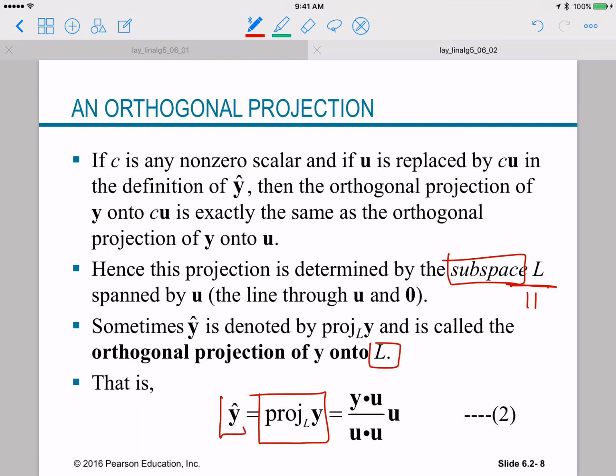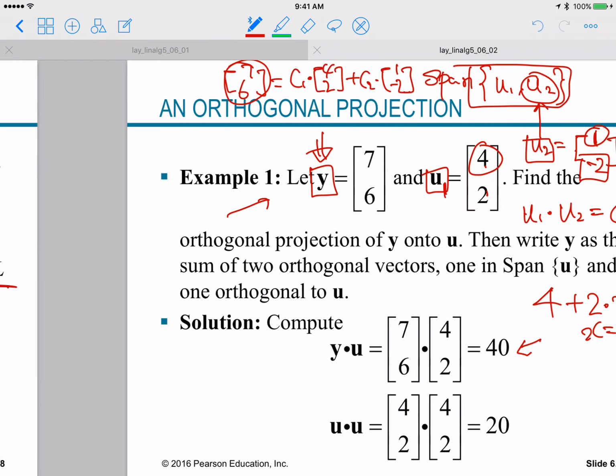And this projected component, the orthogonal projection of some vector y, will become this. Okay, then let's move on.